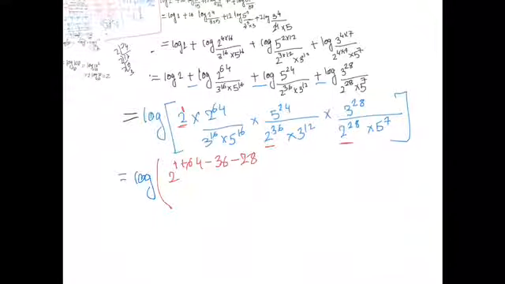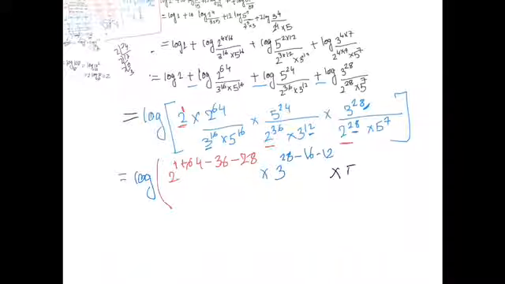That is done for 2. Now let's look at 3: 3 to the power 28 minus 16 minus 12. That is done for 3. Now what remains? 5. Let's see what happens with 5: 5 to the power 24 minus 16 minus 7. During exams also we will put a mark that I have taken this, or else you will forget it.